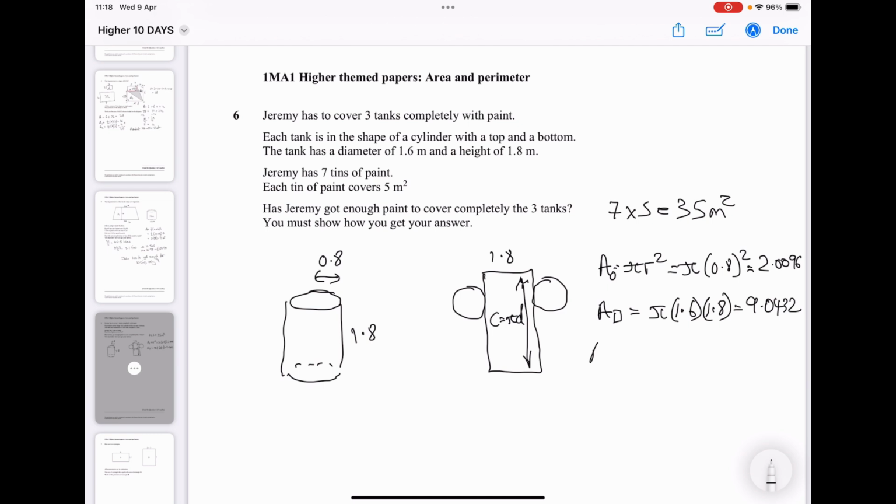So the area of the cylinder equals 9.0432 plus 2 times 2.0096, and that one's times by 2.